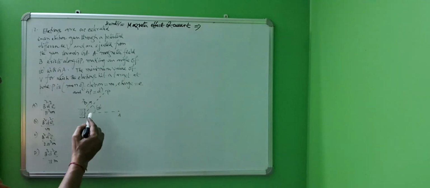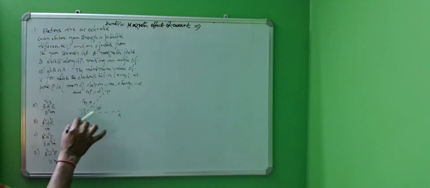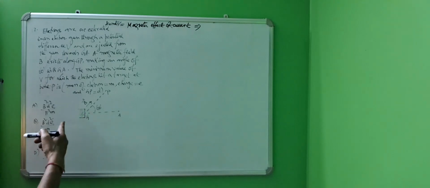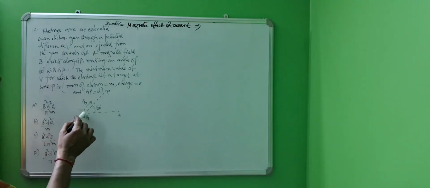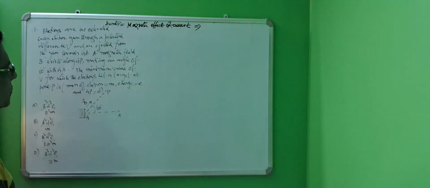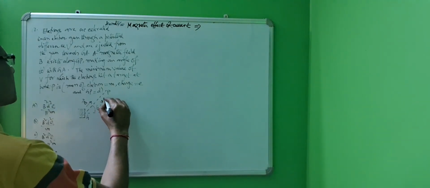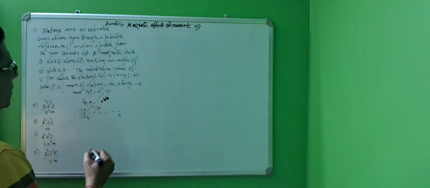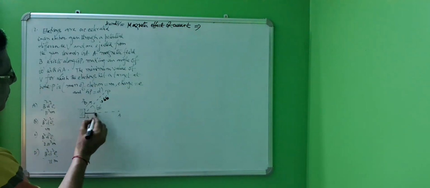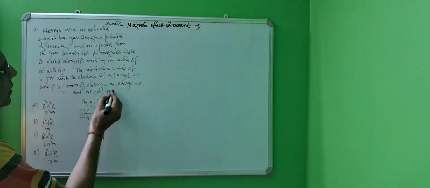Here is the problem. The electron is coming out from this target along this direction, with velocity V, and along this direction V cos 60 degrees. Now the electron comes from here and goes in this way.